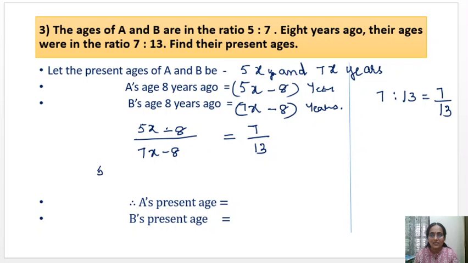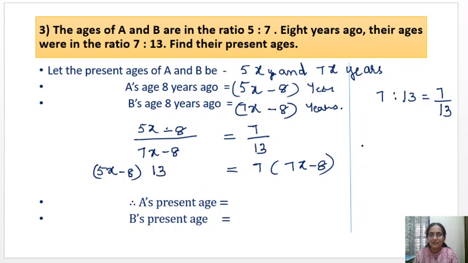Let me write the equation. 5x minus 8 into 13 equals 7 into 7x minus 8. You have to apply the simple equation rules to transpose and you have to get the value of x here. Let me write here in the rough area.